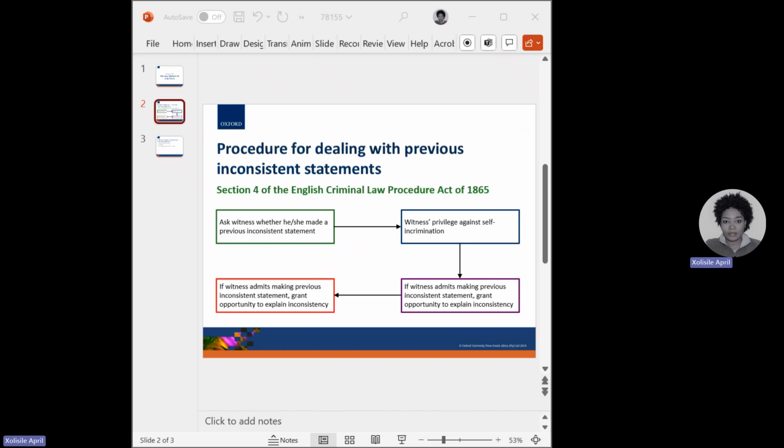However, if the witness says, when I came to the shop it was about to close, this is the first initial statement. The shop was about to close, and then when I entered, I saw the manager stabbing the deceased multiple times. Then I ran out of the door. And then when he comes to court, he says, when I arrived at the store, it was not about to close.